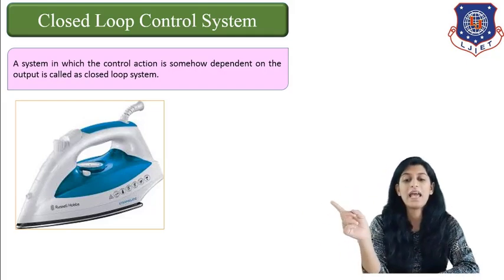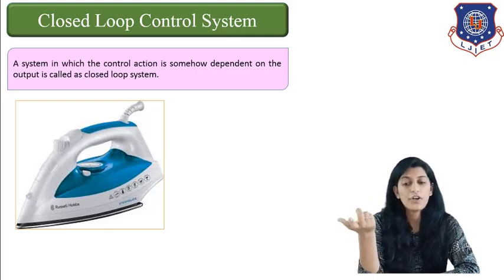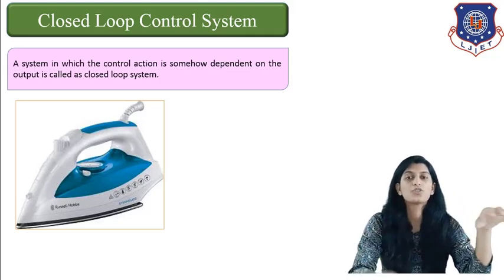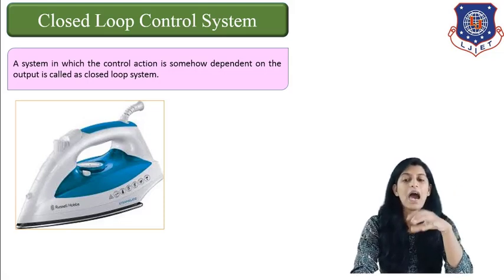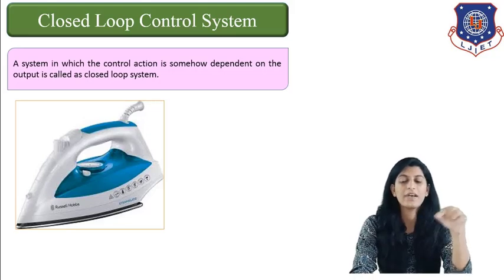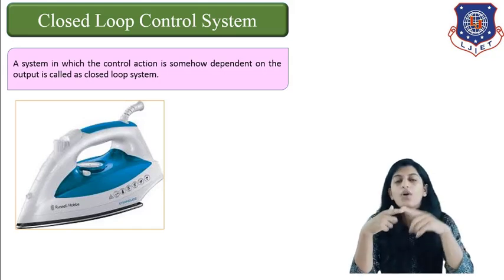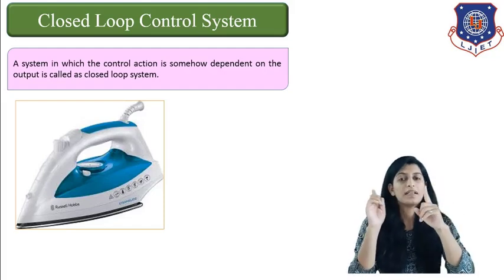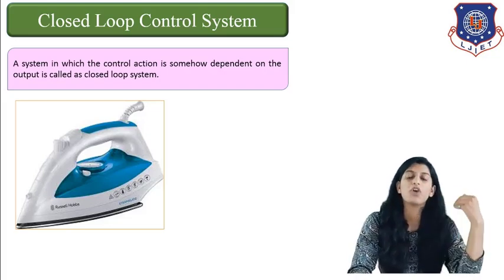So, the first example, as you can see in this particular picture, is our iron, right? The purpose of an iron machine is to give clothes proper ironing. Whenever we are setting our ironing machine in any given range, whether we are setting it for clothes of cotton or silk or any other kind of material, depending on your selection only, it will provide that much amount of heat.